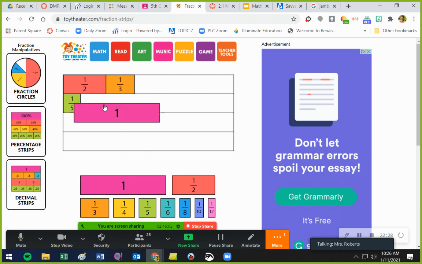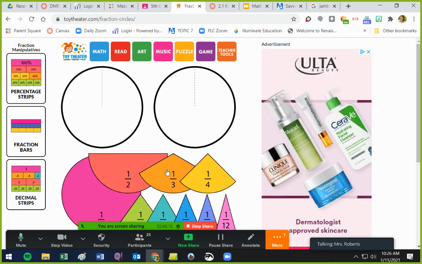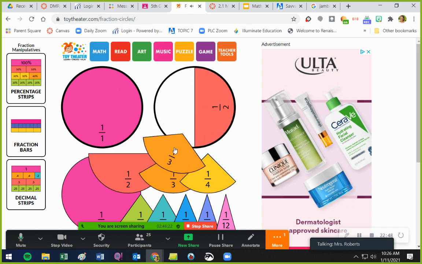My amount compared to 1 should be this full. I should be this close to a full-size pizza. If I'm looking at circles, since a lot of times we think of circles, one whole pizza is going to be like this. If I've got half and a third, do you see how full that pizza should be?